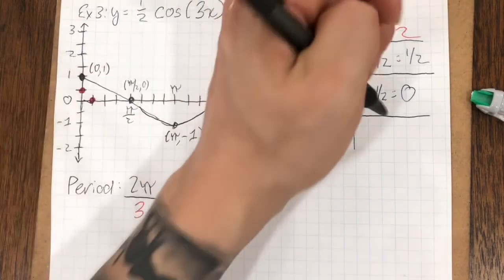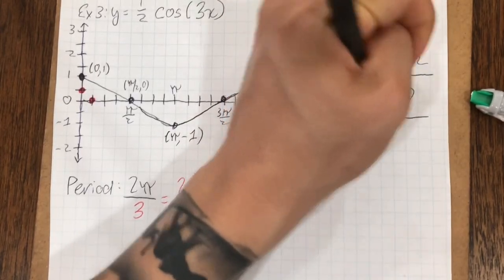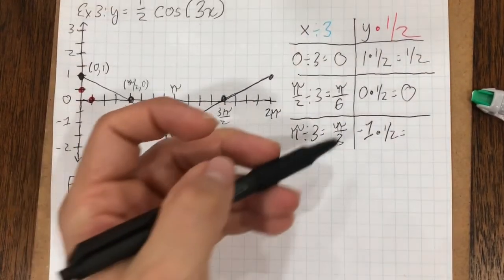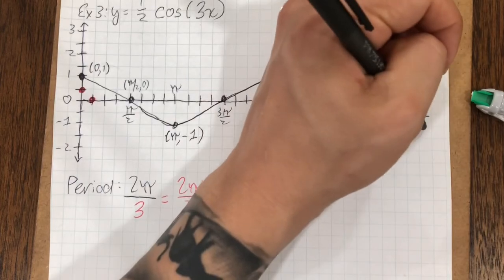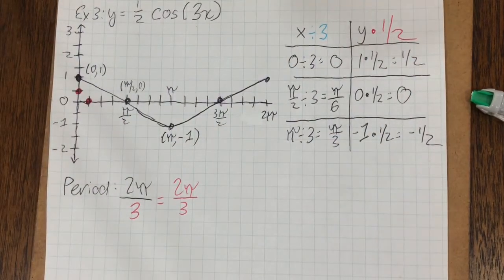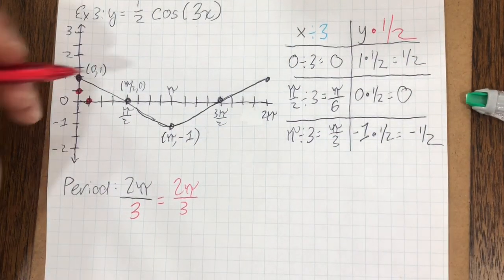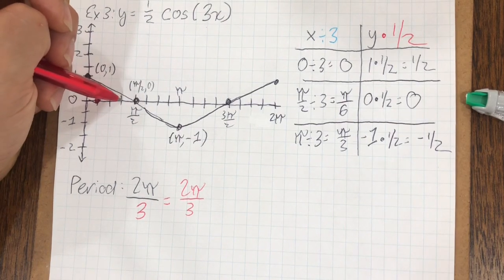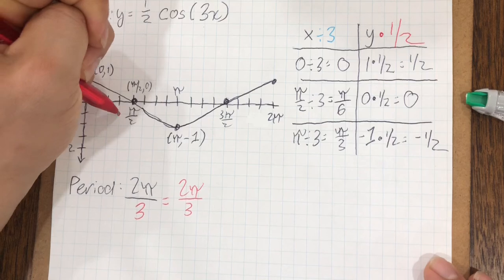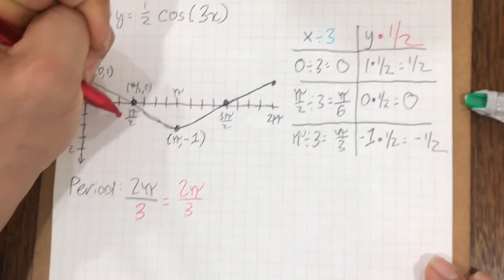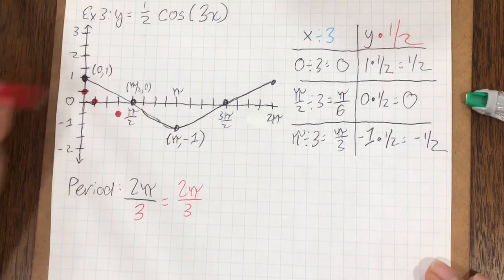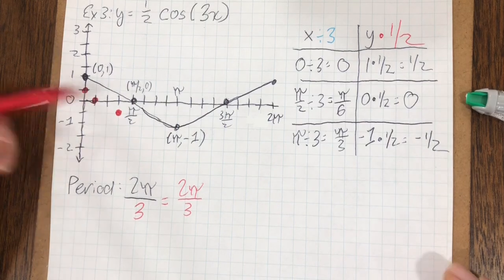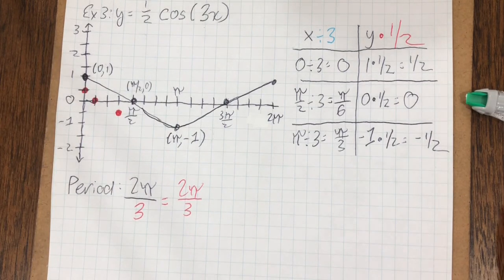And then I have -1 multiplied by a half. I multiply these two numbers, and I end up with -1/2. So my third point is pi over 3, which would be over here, -1/2. So go down half. I'm going to write out the points after I get all my x and y coordinates.